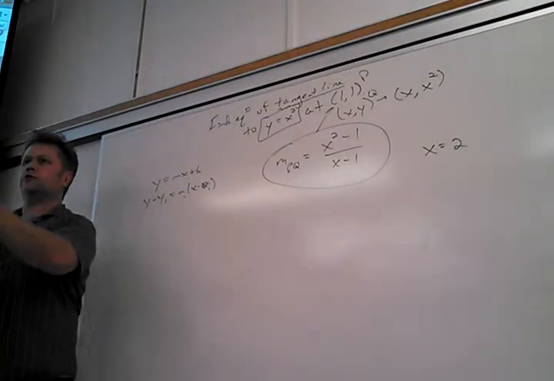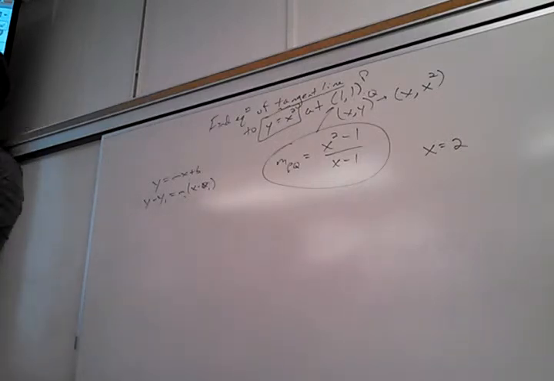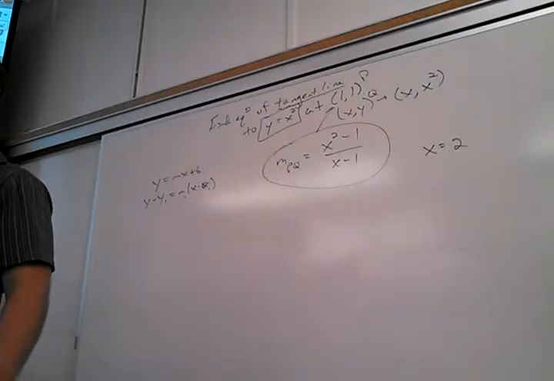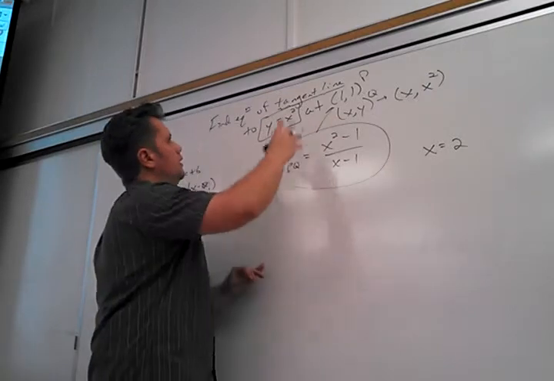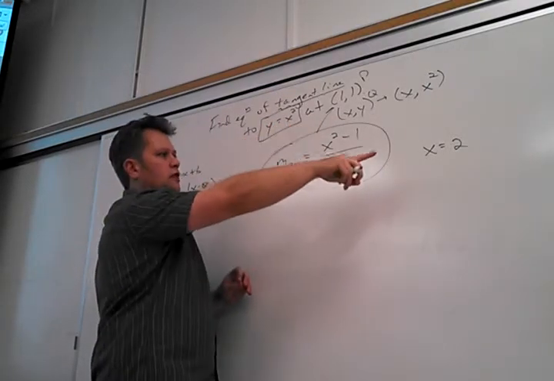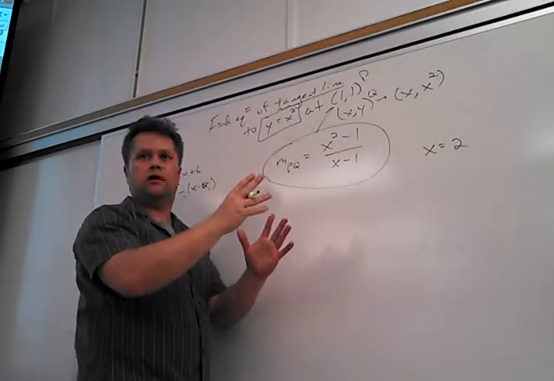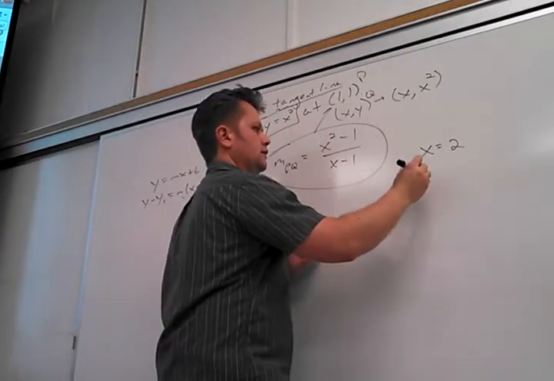Now, you'll start to realize, if I have a function like this, then 2 is pretty close to 1. But if I have a function like this, then 2 is freaking far away from 1. You guys understand? Sort of like the idea of resolution. In this case, we have a nice function. 2 is not crazy far from 1. Not a bad place to start. So what's the slope in that case? 3.